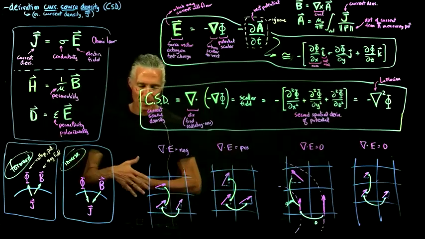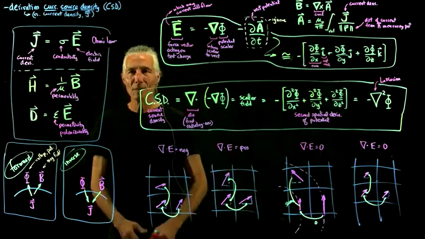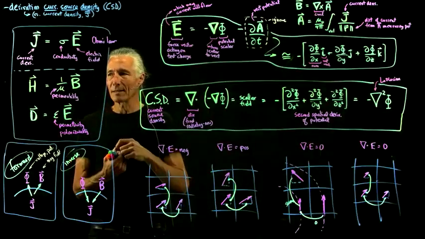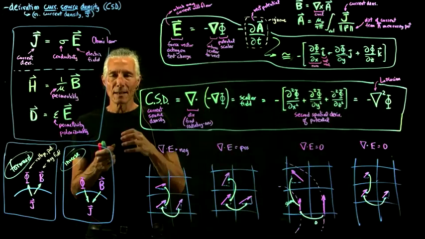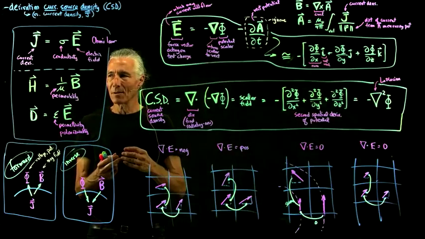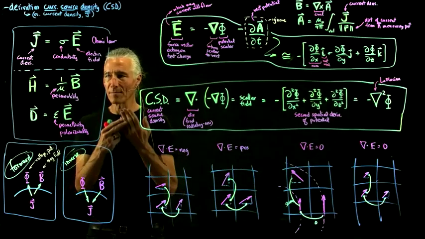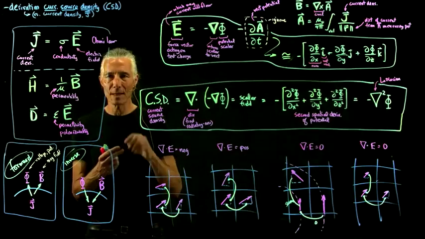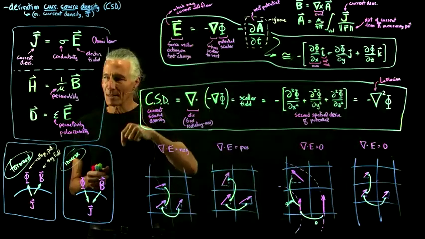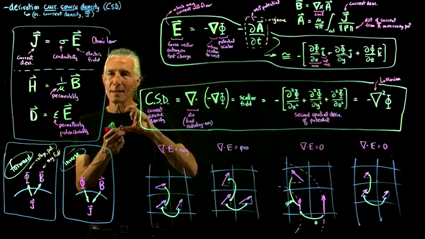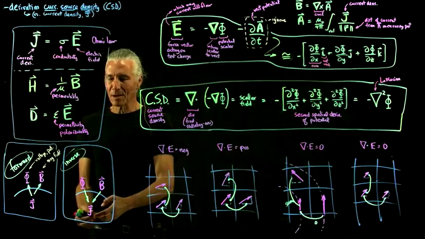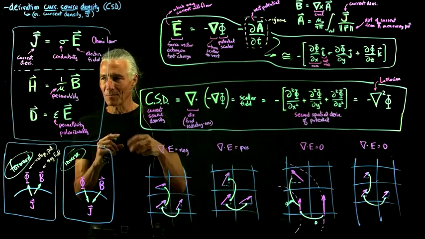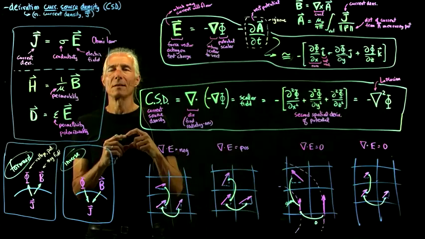Okay, so that's sort of the derivation of current source density. What we'll do next time is talk about actual measurements of current source density in brains that have led to the whole concept of this radial current flow. So where did the concept of radial current flow in the cortex come from? It came from actually measuring current source density in the cortex, and that's why we end up modeling these currents as little current dipoles, and we'll try to explain what it means to be a current dipole.